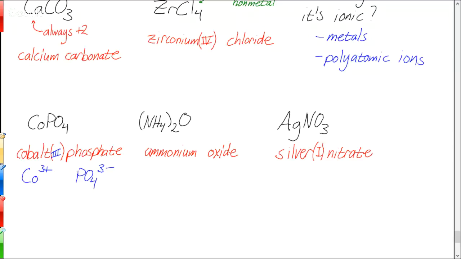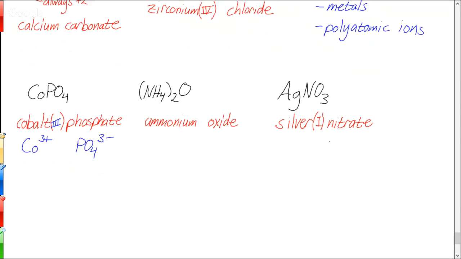Okay, we're going to keep trying, but I want to add one more piece to it. There's another class of compounds that we'll name sometimes that we call covalent compounds. We will talk about what covalent exactly means next week when we talk about bonding and electronegativity.